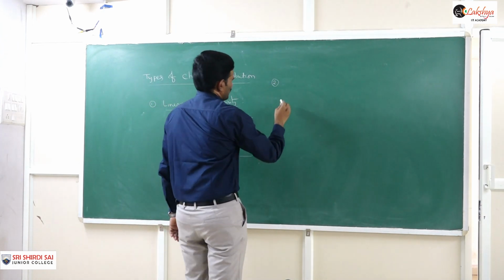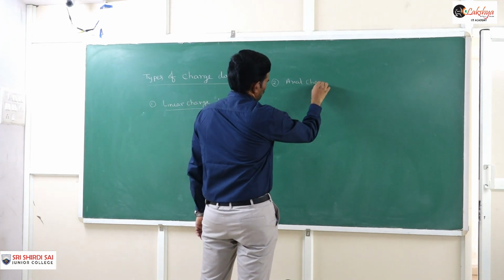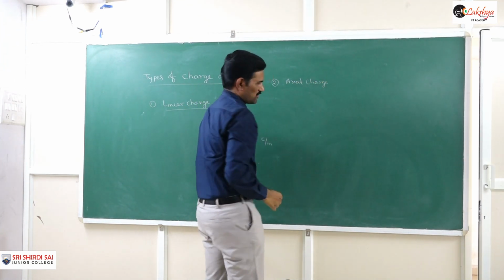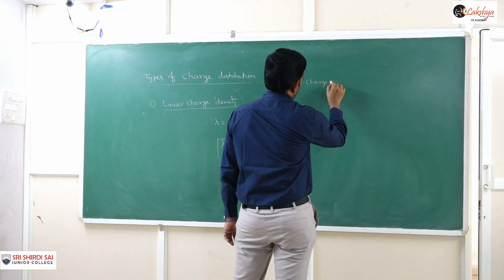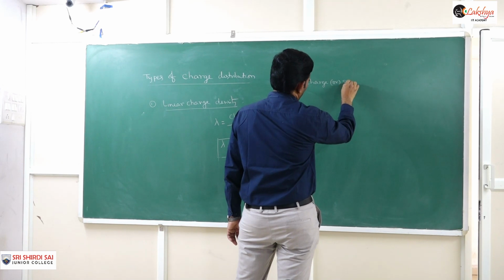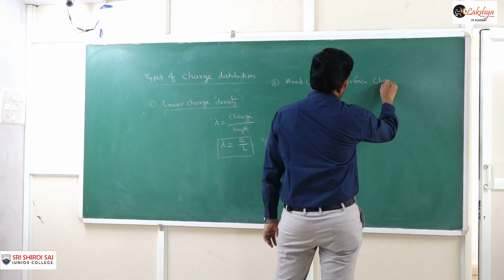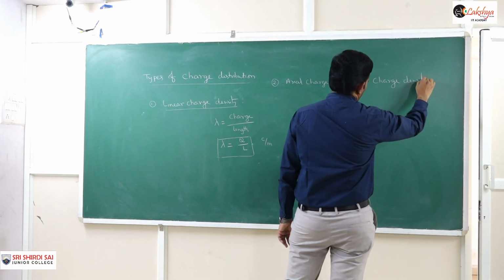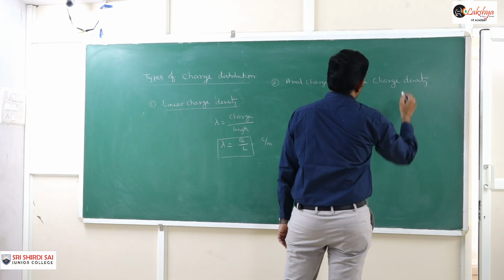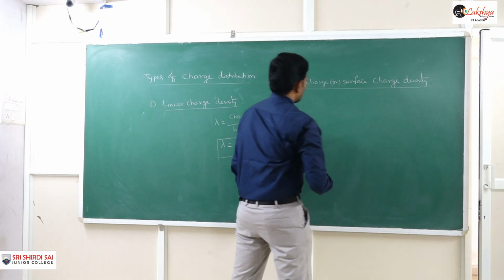The next one is areal charge distribution. That means we call it areal charge density, which is also called surface charge density. Surface charge density is generally represented with sigma.